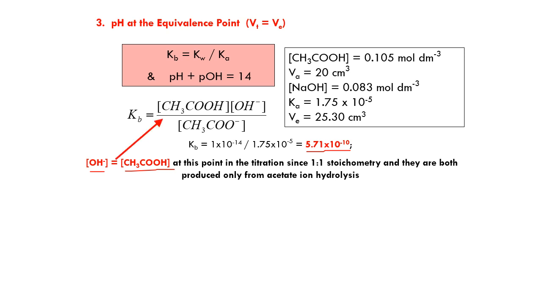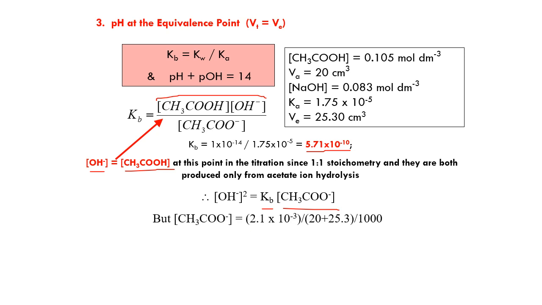So we can rewrite this Kb expression: Kb equals hydroxide ion squared divided by acetate ion, which can be written to give hydroxide ion concentration squared equals Kb times acetate ion concentration.